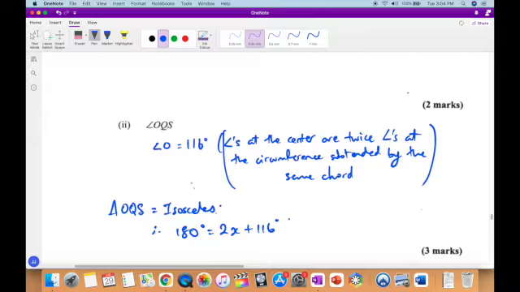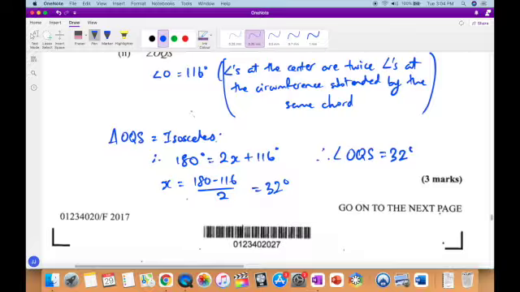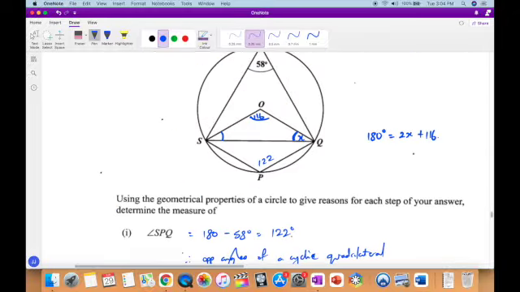Now we could find out what that is, so the angle that we're looking for will actually be 180 minus 116, divided by 2, which is 32 degrees. Therefore, angle OQS equals 32 degrees. So that means that these tiny little angles here are 32 each.